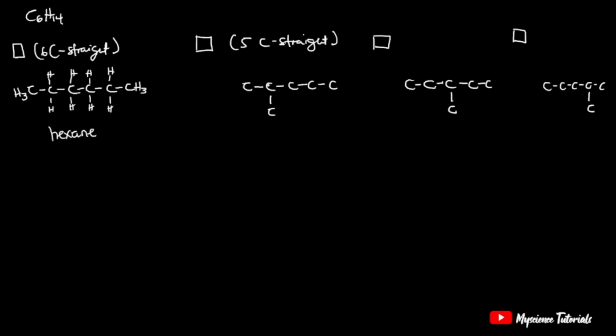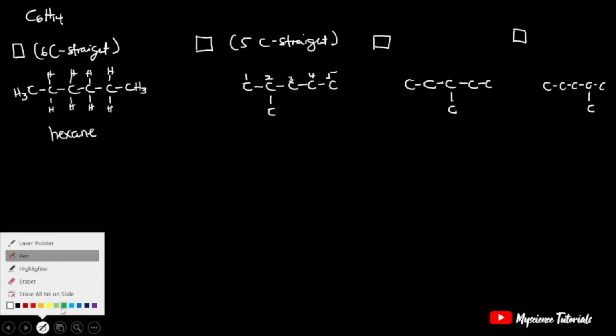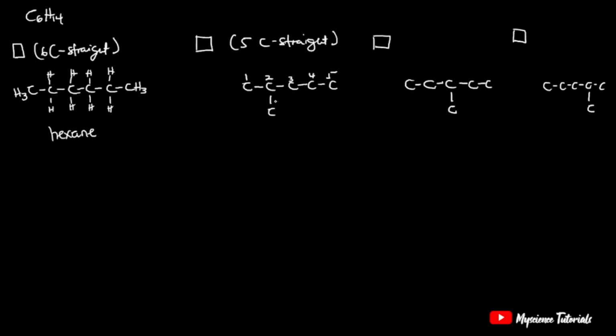This guy, if we take this to be our longest continuous chain, this will be 1, 2, 3, 4, and 5. So the CH3 that we are now adding, which is the substituent, is on carbon 2 over here. Let me do the numbering over here as well. 4, 5. So this is carbon 4 if we are counting this way.